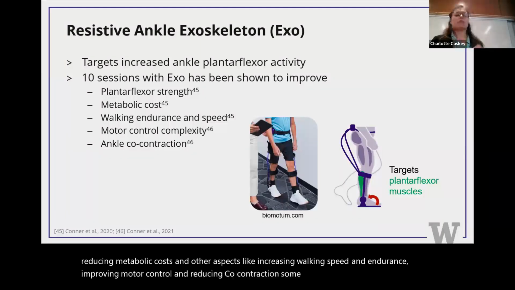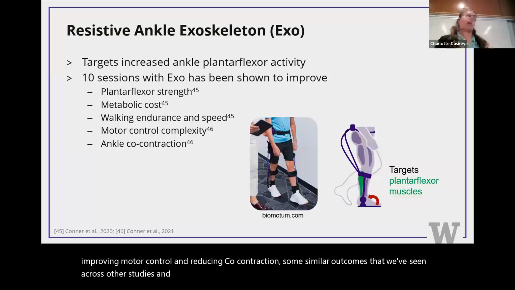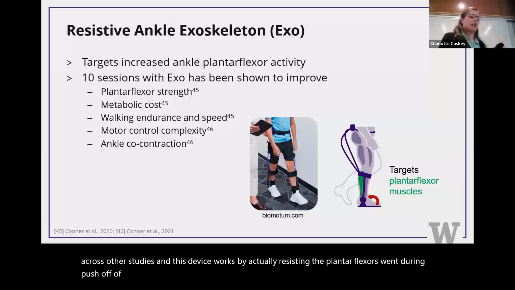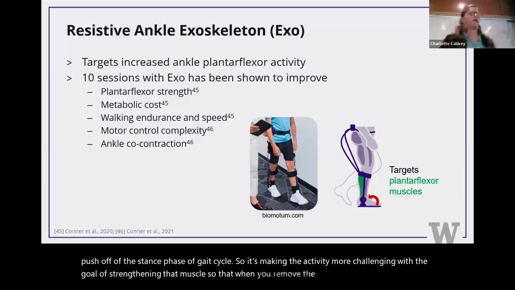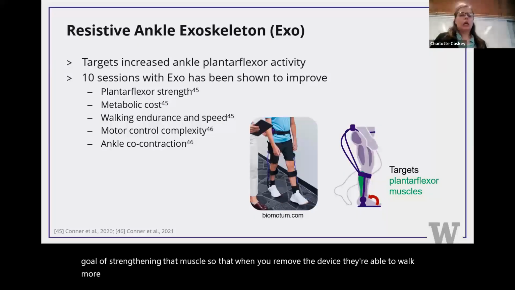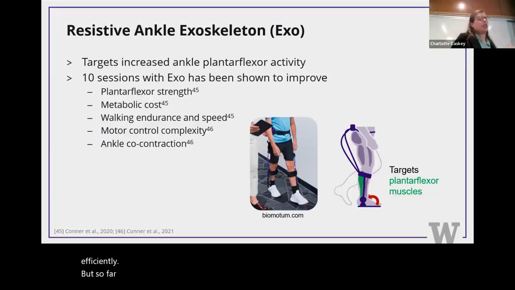Some similar outcomes we've seen across other studies. This device works by resisting the plantar flexors during push-off of the stance phase of the gait cycle. It makes the activity more challenging with the goal of strengthening that muscle so that when you remove the device, they're able to walk more efficiently. But so far, we haven't quantified how this affects fatigue of the muscle and the engagement of the muscle directly.